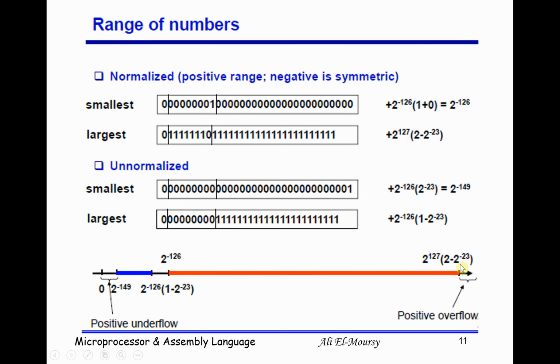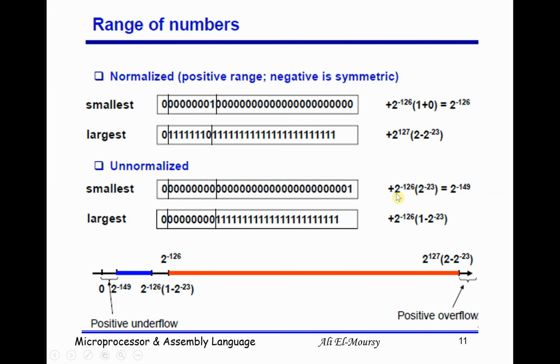For the unnormalized numbers, the exponent should be all zeros, and the mantissa could be anything from 000...01 up to all ones. Since these are unnormalized numbers, we are not adding the 1 here, so we just take the fractional mantissa as it is.